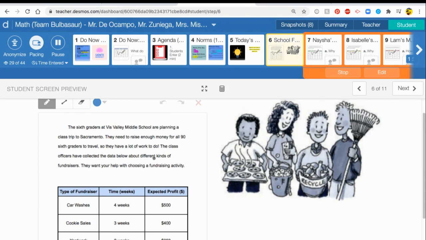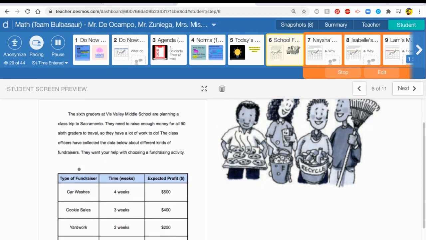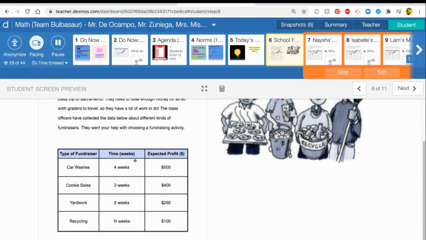So you can imagine the school trying to raise some money to go to a field trip. The class officers have collected the data below about different kinds of fundraisers. They want your help with choosing a fundraiser activity. And looking at this table below, you see 4 different rates: a rate for car washes, a rate for cookie sales, a rate for yard work, and a rate for recycling.